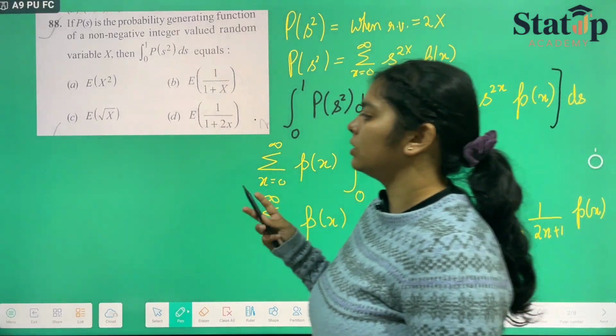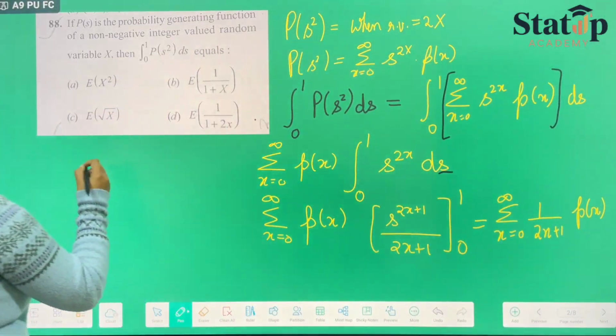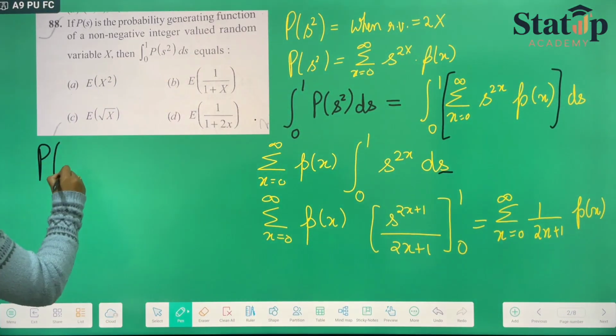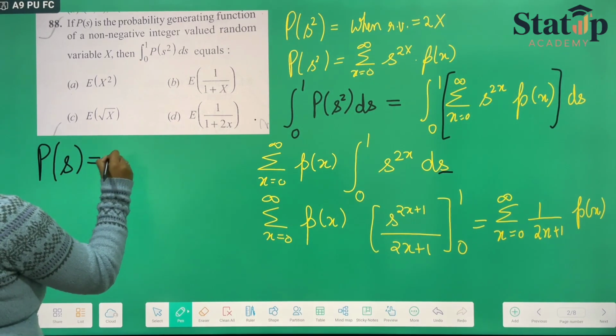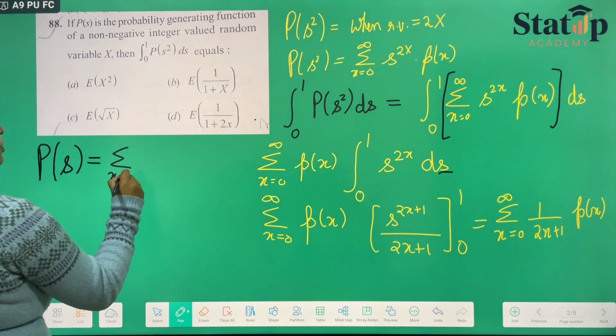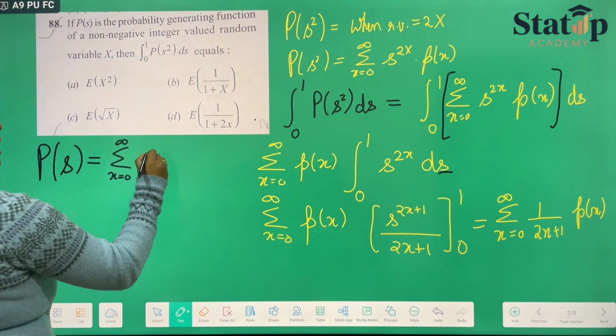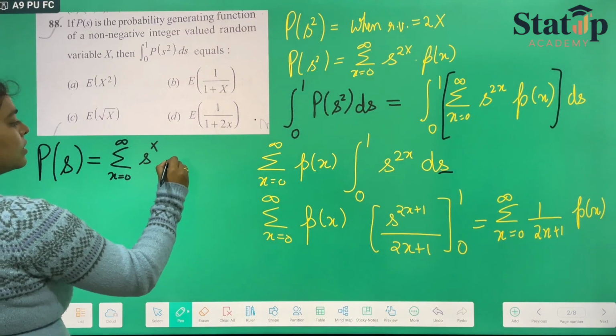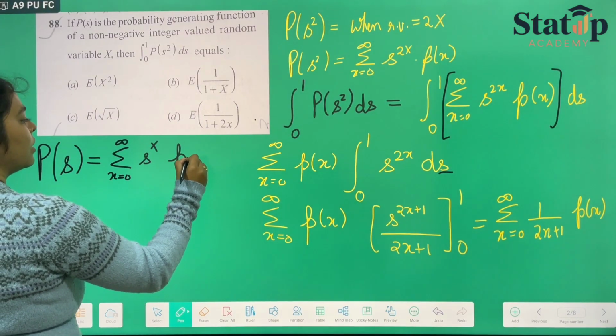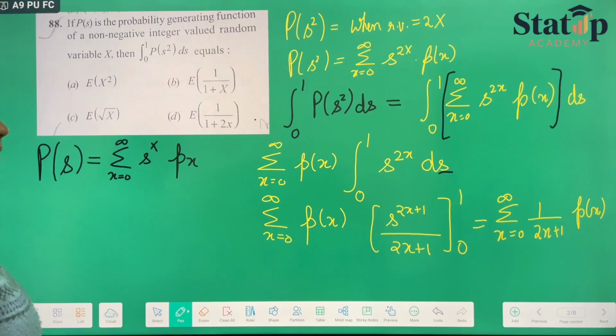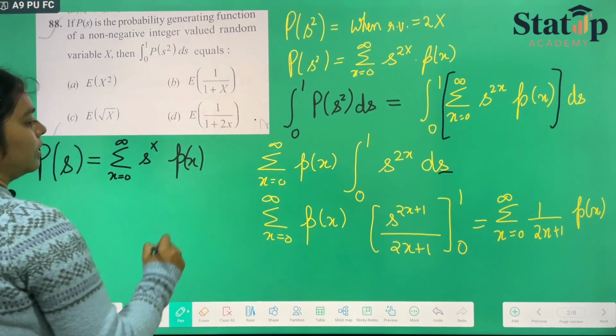Now see the formula for PGF. If we calculate PGF for s, then it will be equal to summation x goes from 0 to infinity s raised to the power x p x, or in bracket we can write px.